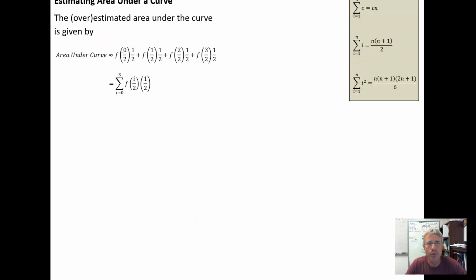So on the previous slide, we said, hey, we can estimate the area under the curve by taking the function height times the width, function height times the width, function height times the width for each of the 4 rectangles. And we identified that we could put this into sigma notation. So we wound up getting f of i over 2 times a half, the sum of that from i equals 0 to 3.